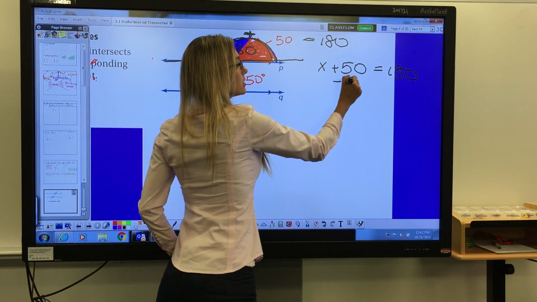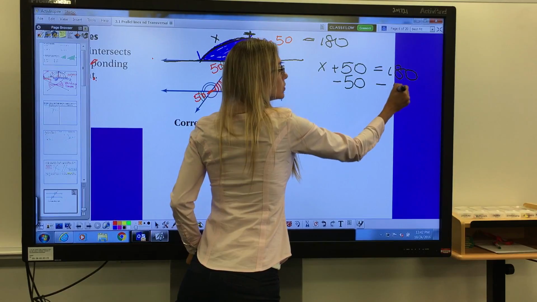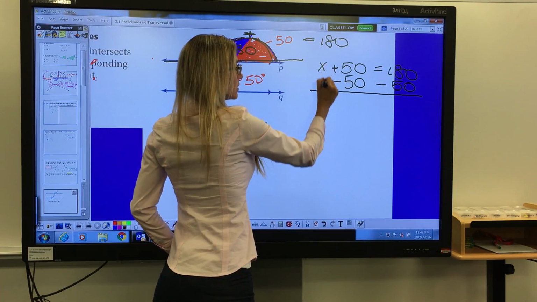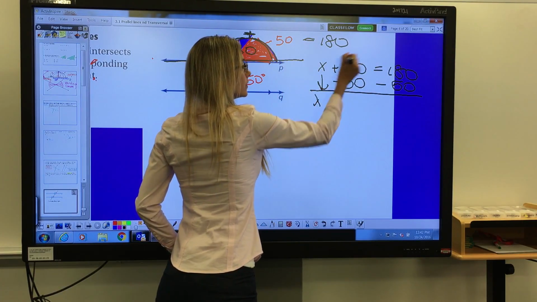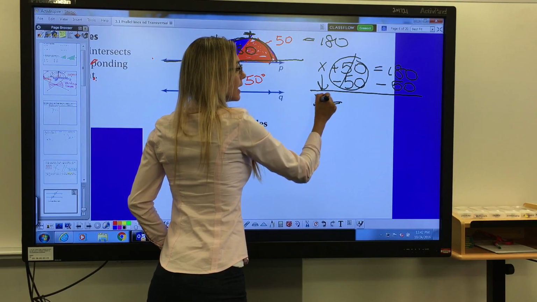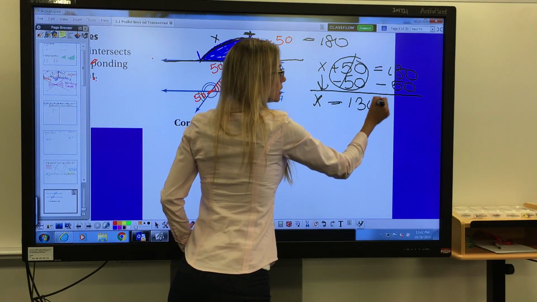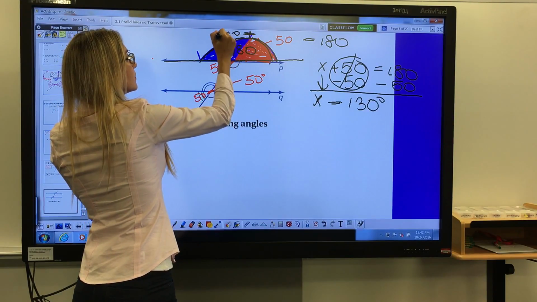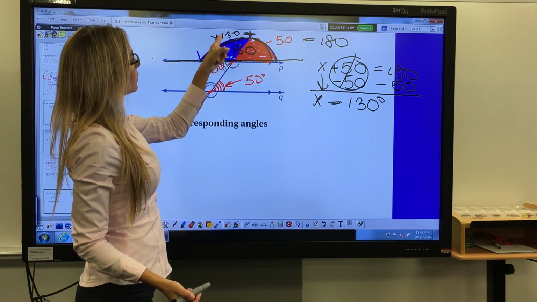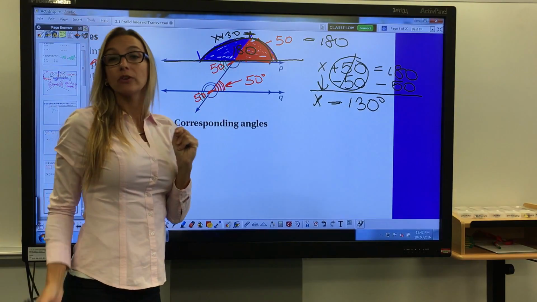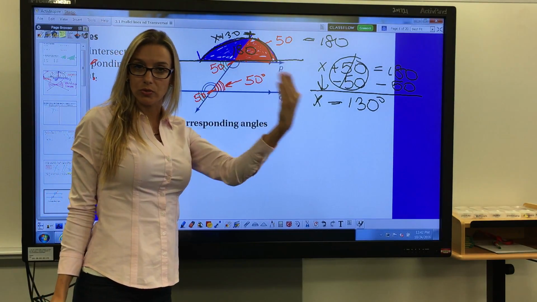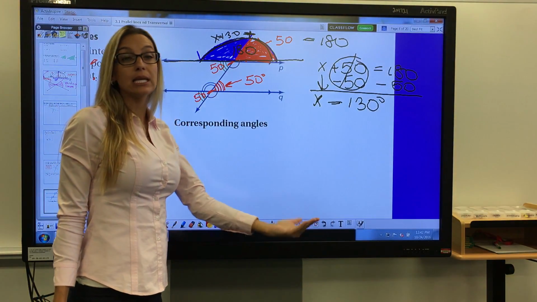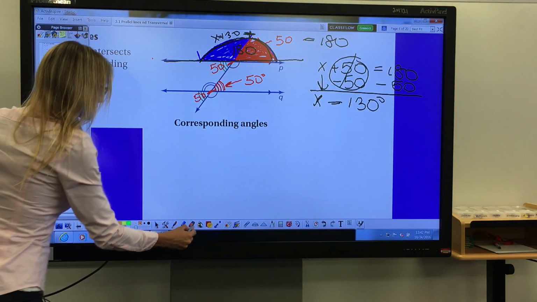To solve for X, you have to subtract 50 from both sides. Drop the X down. This is a 0. X equals 130 degrees. So if X was 130, this one is 50, 130 plus 50 will give me the sum of those two angles, which is 180 degrees indeed, and yes, I am correct.